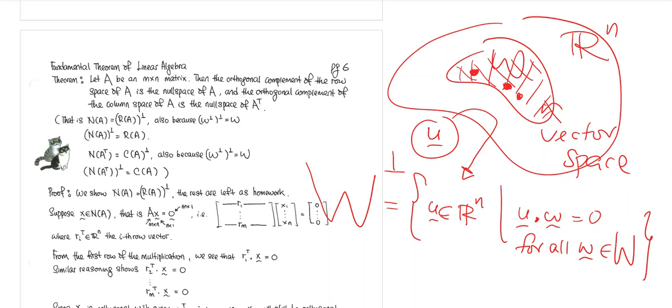It might look like you might not be able to find such a vector that is orthogonal to everything in that vector space, but actually the 0 vector is in W perp, because the 0 vector dot any vector is going to give you 0. They're orthogonal, in a sense, with every element in W. So the 0 vector is actually in W perp. So W perp is actually not an empty set.